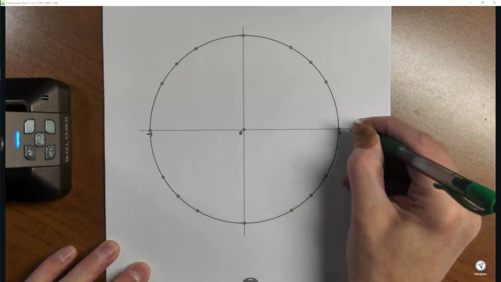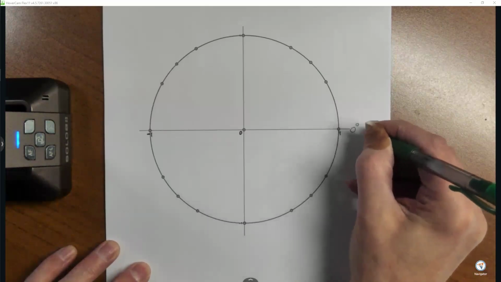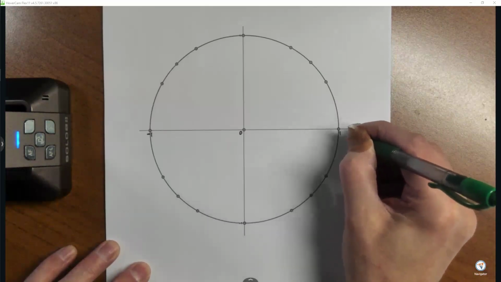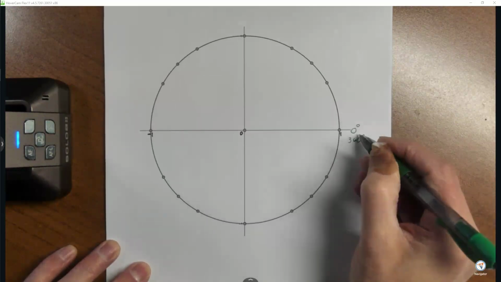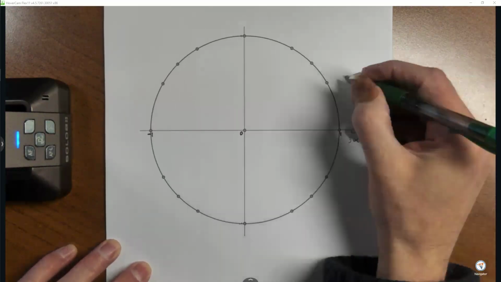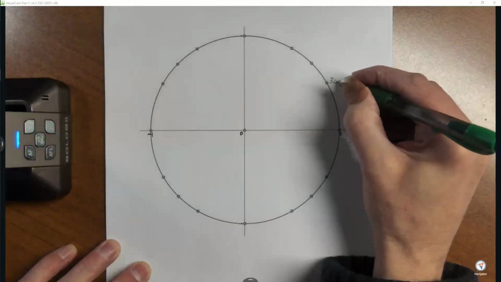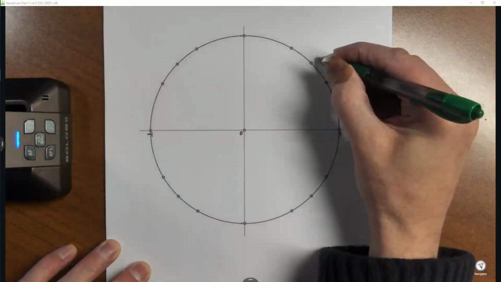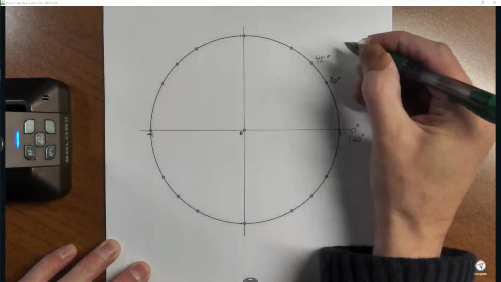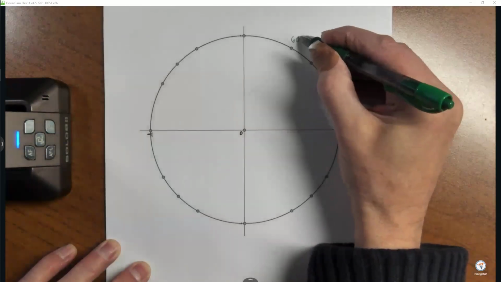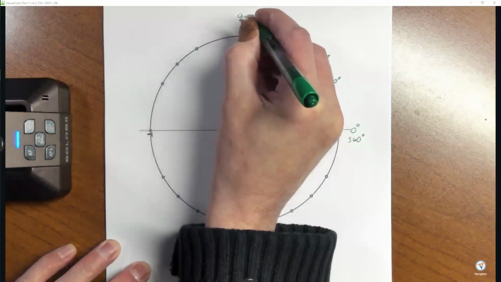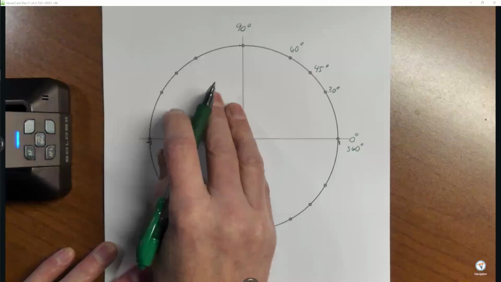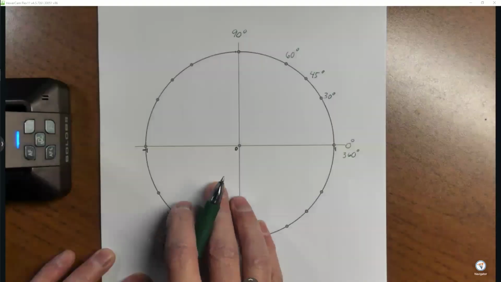So this was 0 degrees, and it was also 360 degrees if we went all the way around once, so we'll label both. This is 30 degrees, 45 degrees, 60 degrees, and we'll stop at 90 degrees in terms of degrees because we're more interested in radians this time.